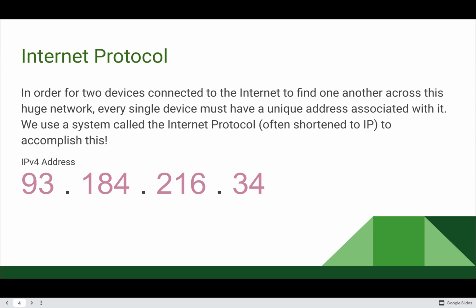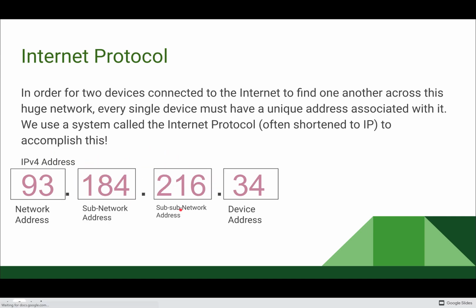So here we see a sequence of 4 numbers. Each of them can be anywhere between 0 and 255, which is the amount of numbers we can represent using 8 bits. So we have 4 sequences of 8 bits to represent a single IP address.